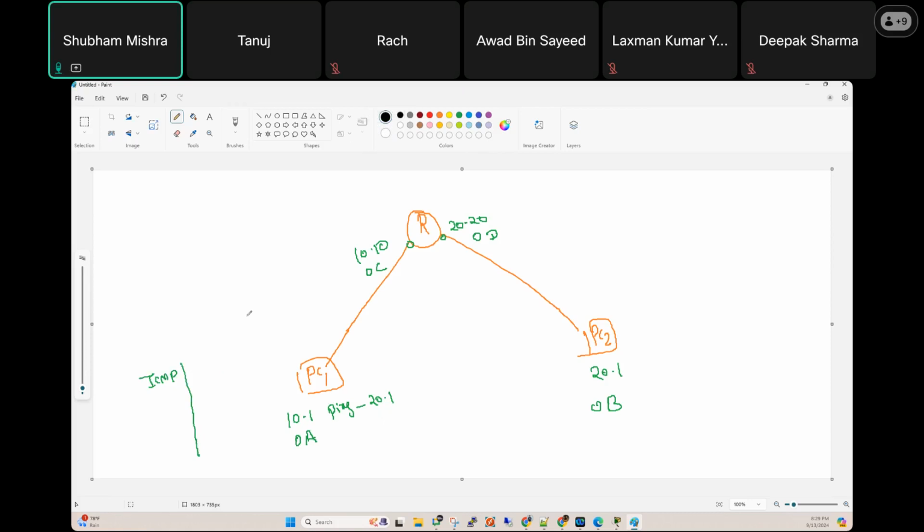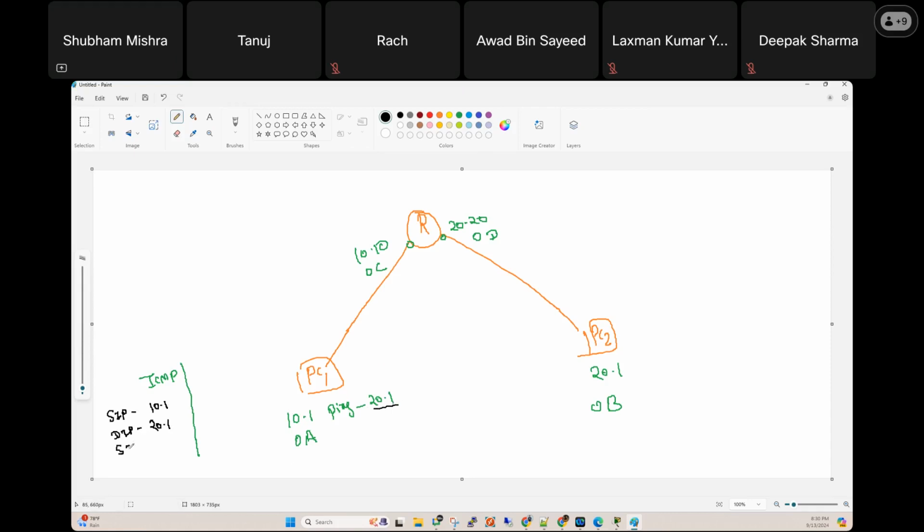ICMP packet. In the ICMP packet, what is the source IP address? That is 10.1, right? Now, what is the destination IP address, guys? Destination IP address will be 20.1 because you already wrote ping 20.1.